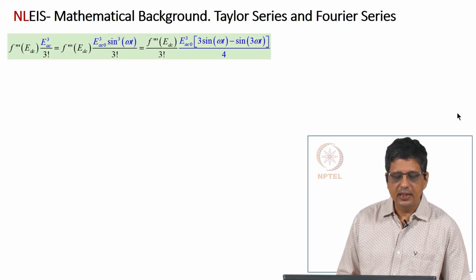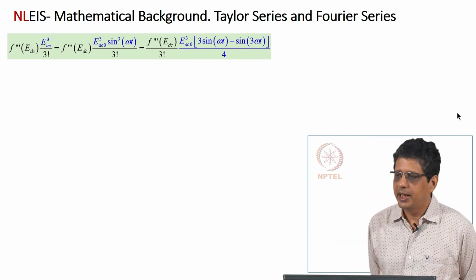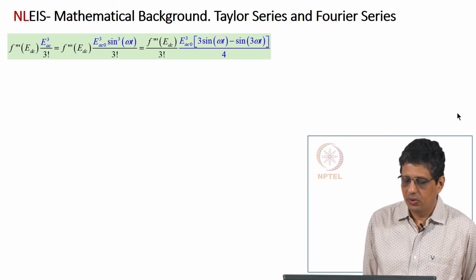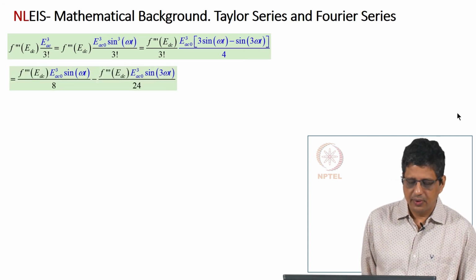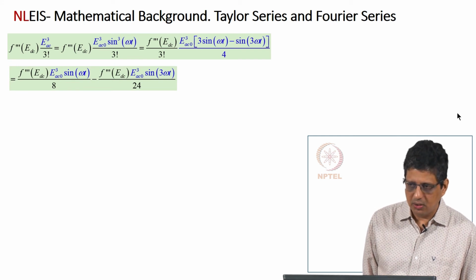And if we write the third term, sin cube, we can write it as 3 sin omega t minus sin 3 omega t, which means I can rearrange it. So, I will get one response at omega, one response at 3 omega arising out of sin cube.